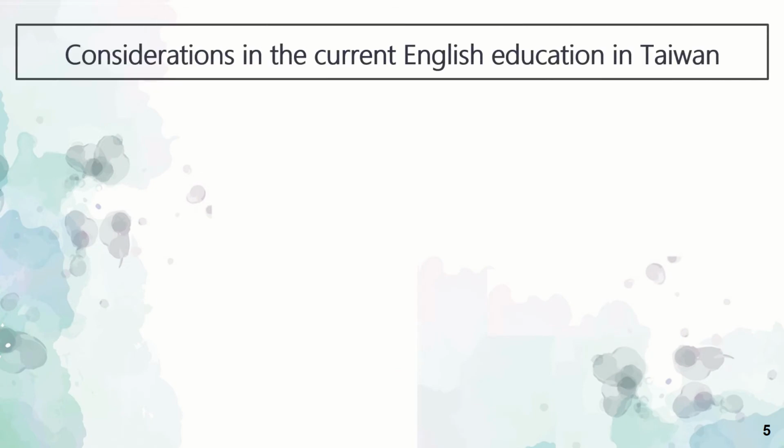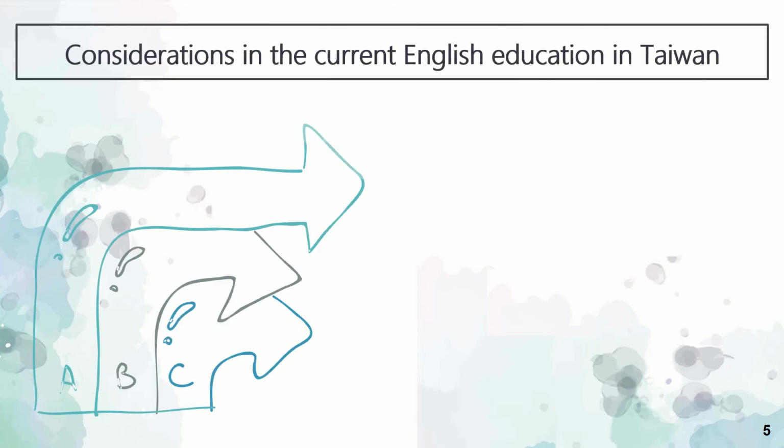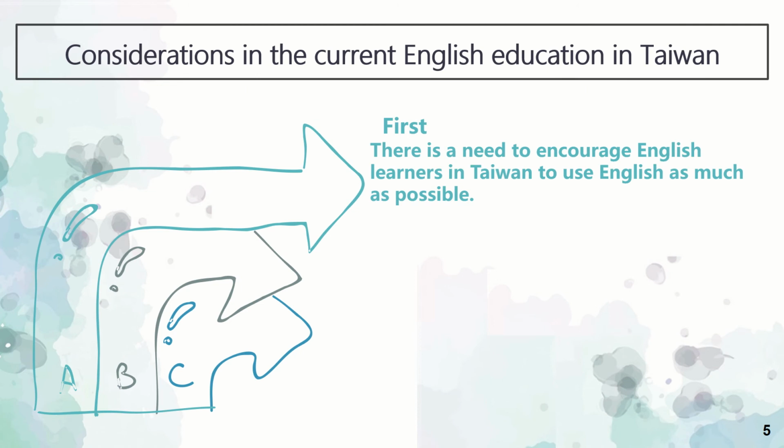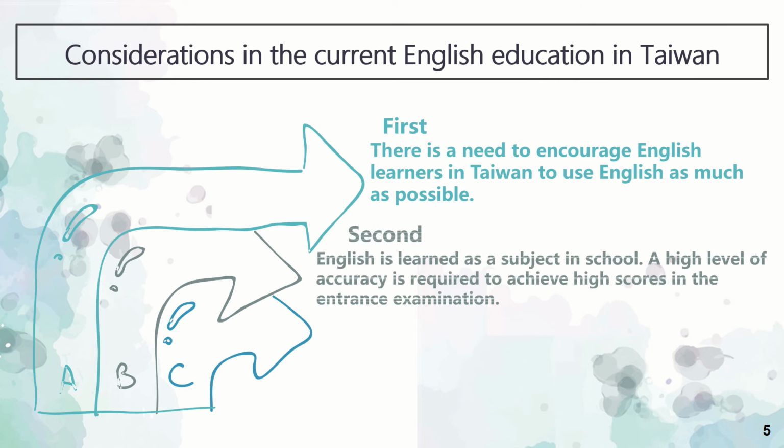There are some considerations in the current English education in Taiwan. First, there is a need to encourage English learners in Taiwan to use English as much as possible. Second, in Taiwan, most learners learn English as a foreign language, so English is learned as a subject in school.